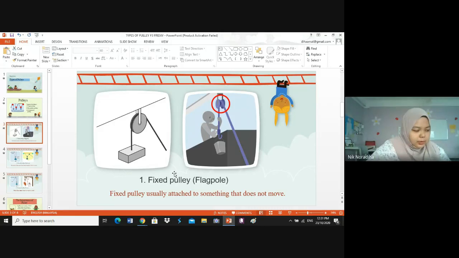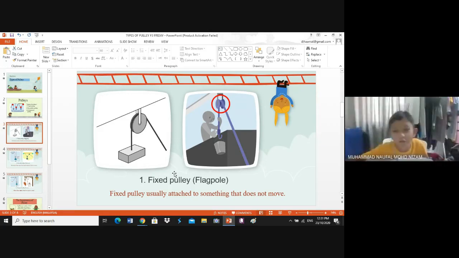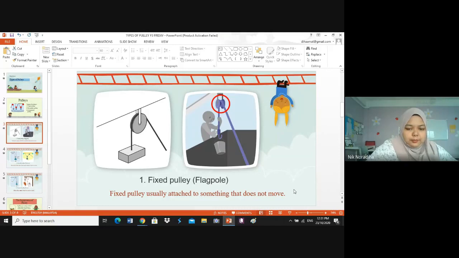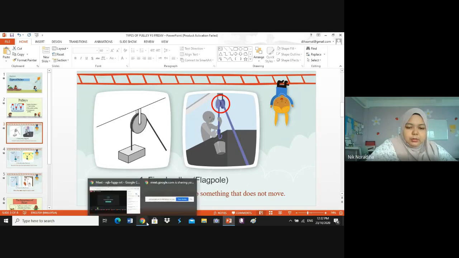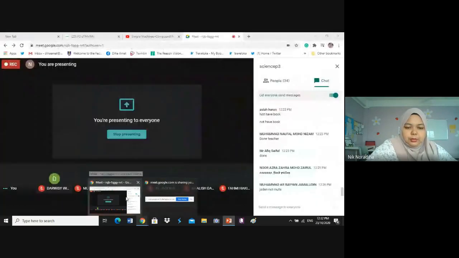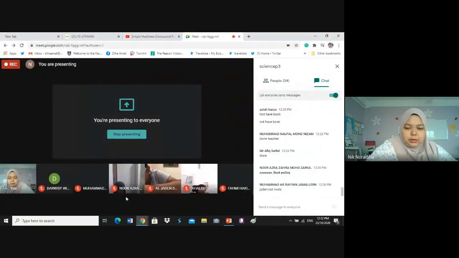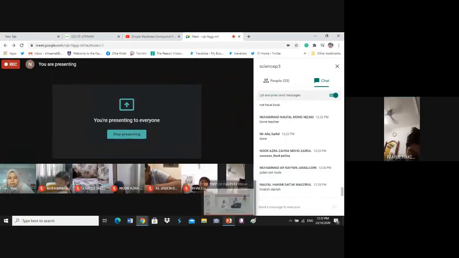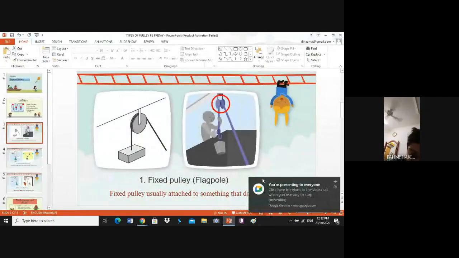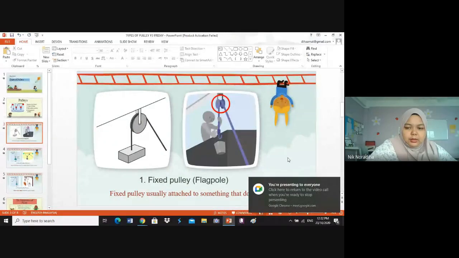Yes, you may go, Faris. You don't have to draw the picture. Teacher, me too, I want to go to the toilet. Yes, you may go. If you want to go to the toilet, you may go. Don't worry. No problem. Not finished? Yes, I know, Fahmi. You can continue now.